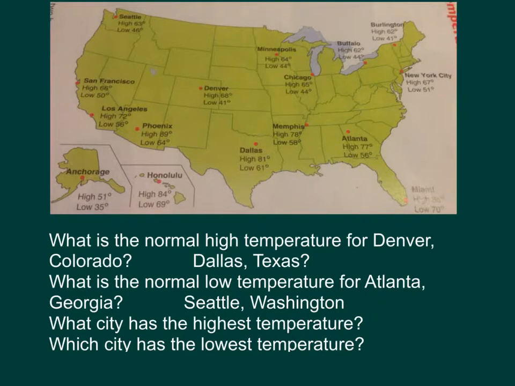So, mathematicians, we're going to use this map again, found on page 220 of your student reference book, to find, let's say, the normal high temperature for Denver, Colorado. So we'd have to look on the map here. Oh, and here's Denver, Colorado. And we want to find a high temperature. So the high temperature right there is 68 degrees Fahrenheit.